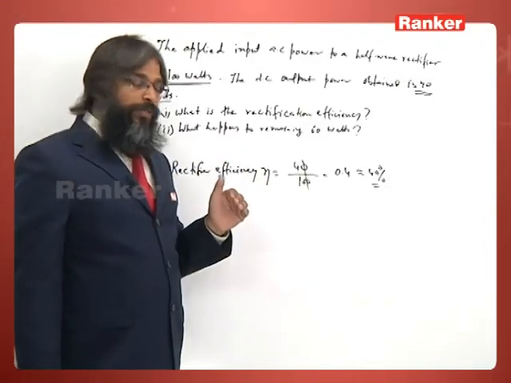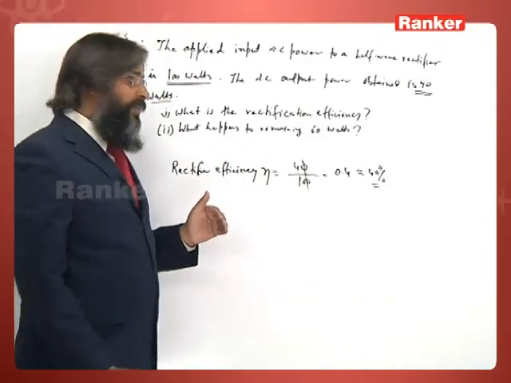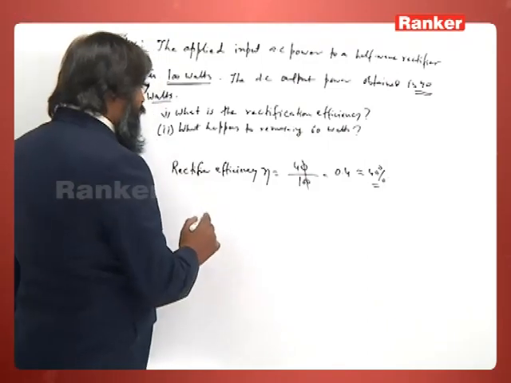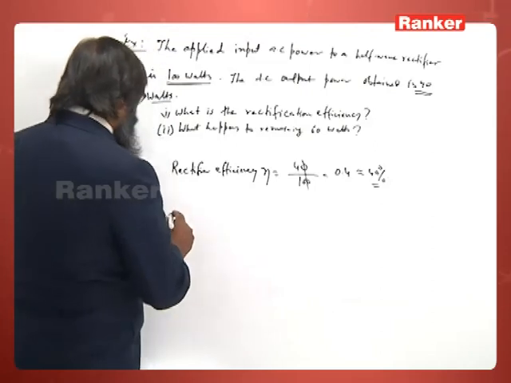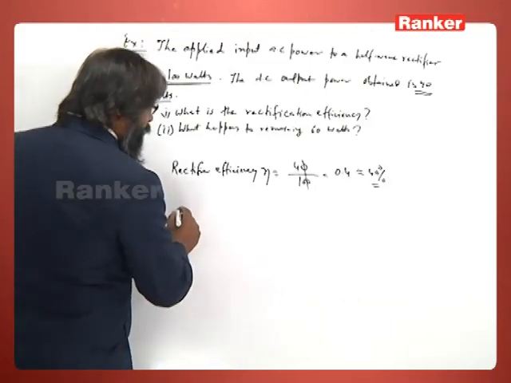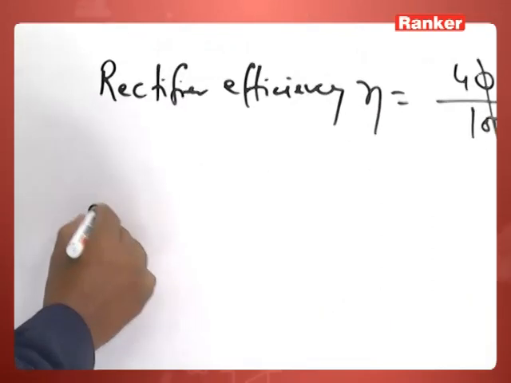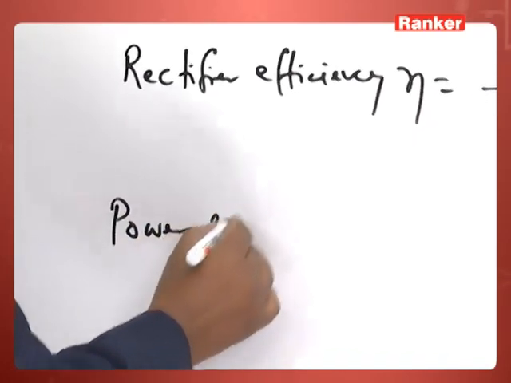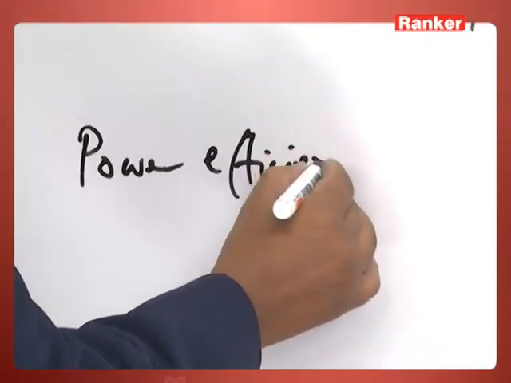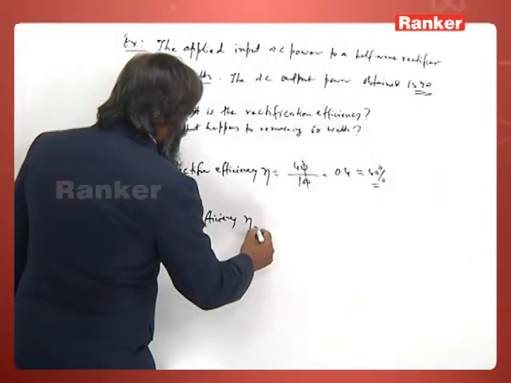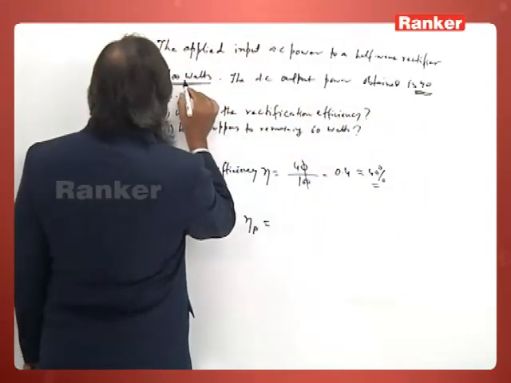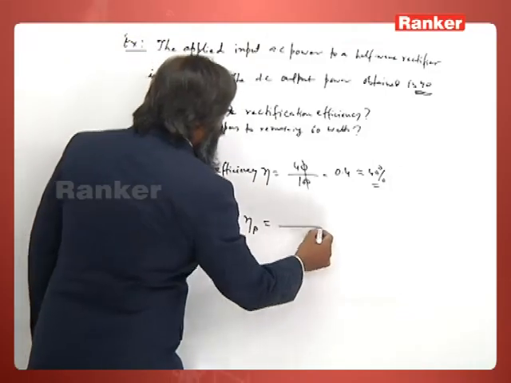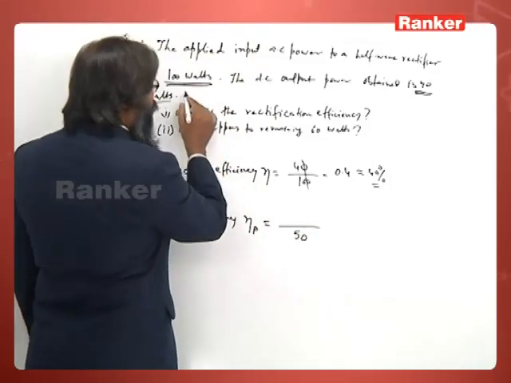So in order to see how much is wasted, we have to calculate how much we are using. So power efficiency eta power will be equal to, you see, we are using out of 100 watts only 50 watts of AC input.